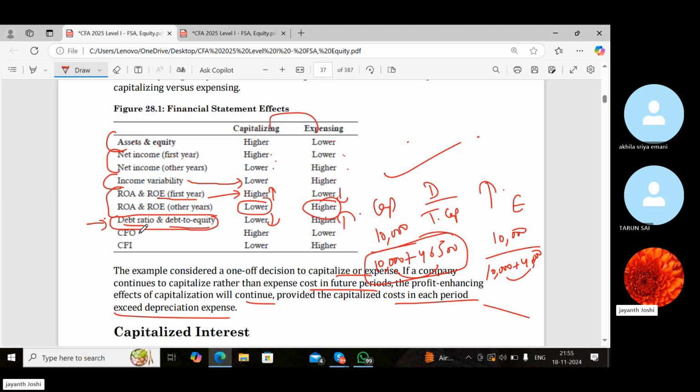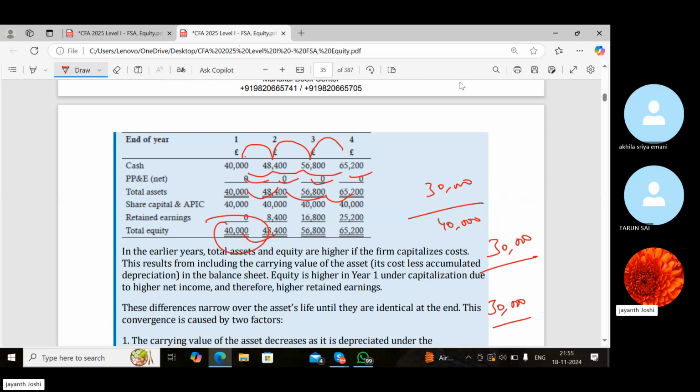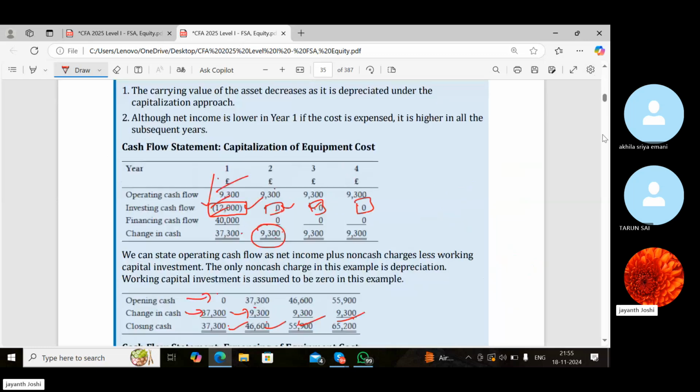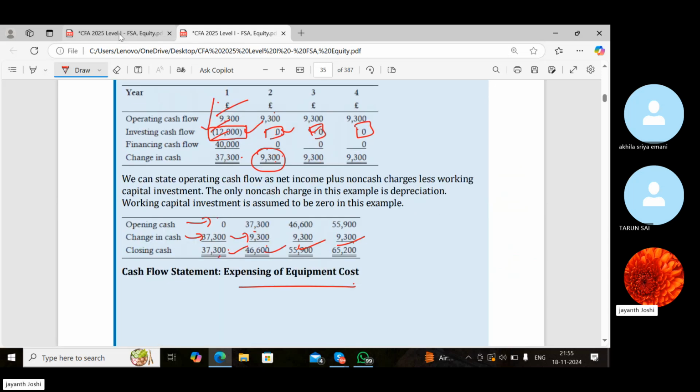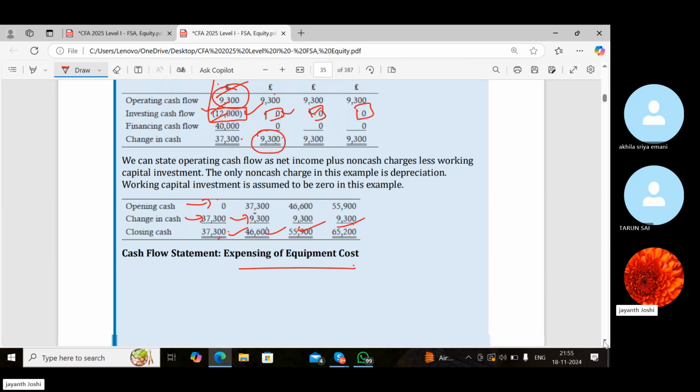Cash flow from operations and cash flow from investing activities, you can check from the cash flow statement, higher and lower. So we will again come to the cash flow. In the case of capitalization, closing cash balances. Cash flow from operations is 9,300, and here it is 8,000.